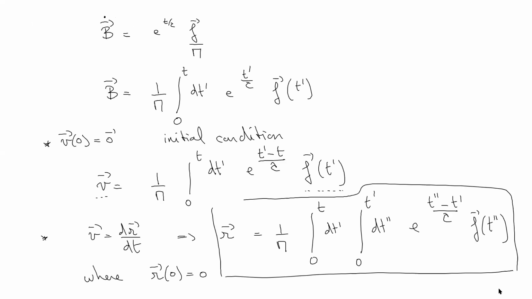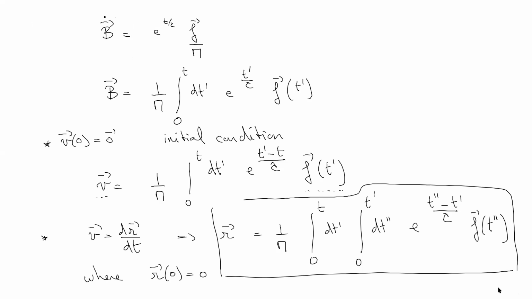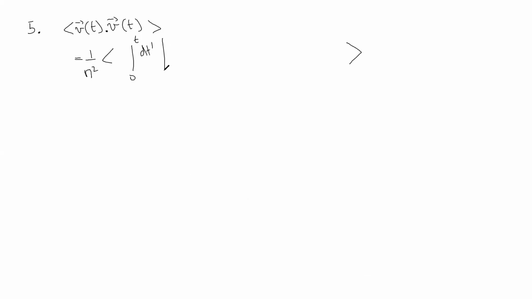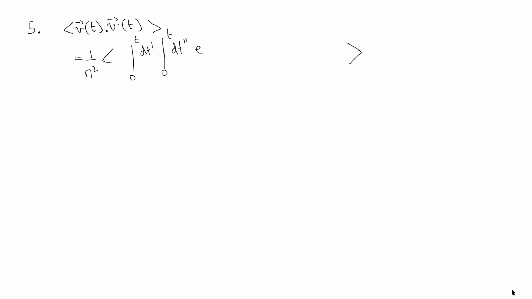And then you have 2 times this integral. Then the same with t second. And the exponential t second plus t prime minus 2t over tau. And then you have the scalar product of f(t second) and f(t prime), or the reverse.